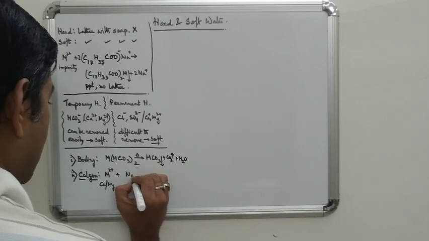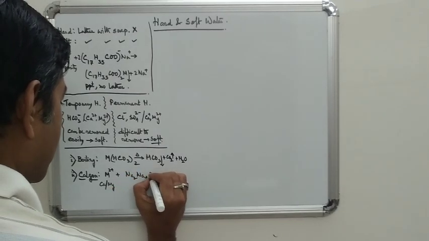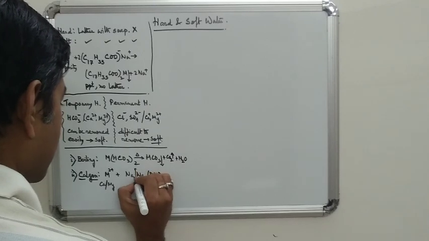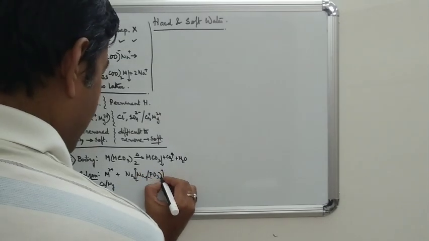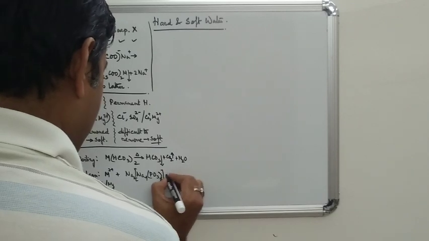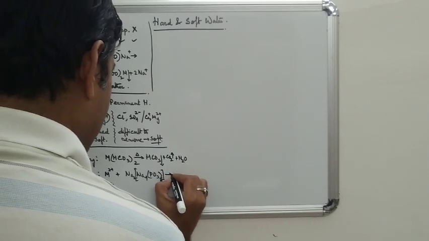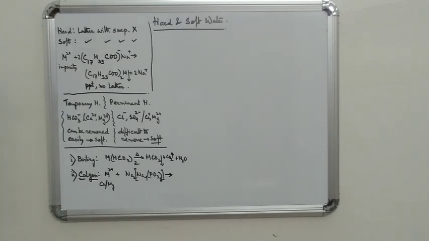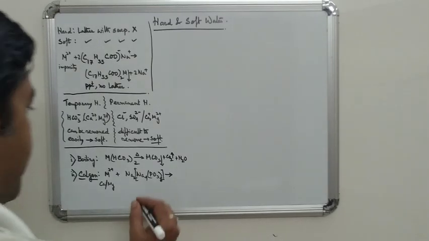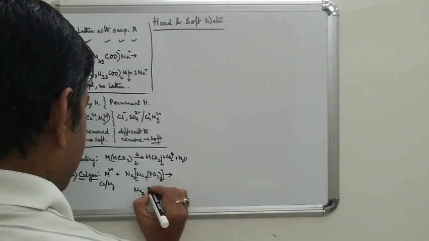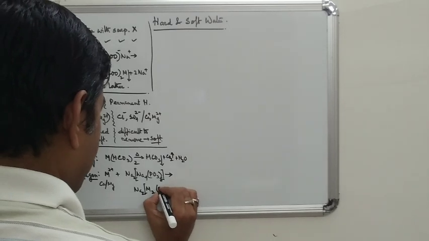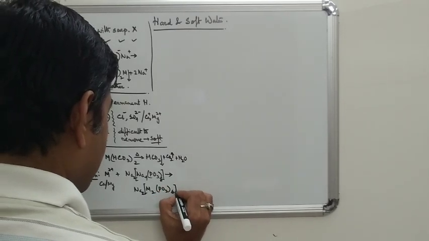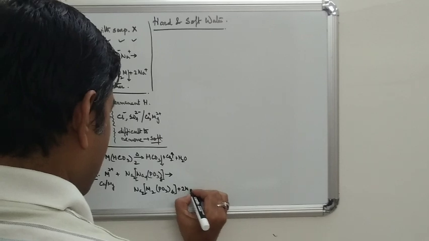On reaction with Na4(PO3)6, the complex ion, it will transform into Na2[M2(PO3)6] plus 2Na+.